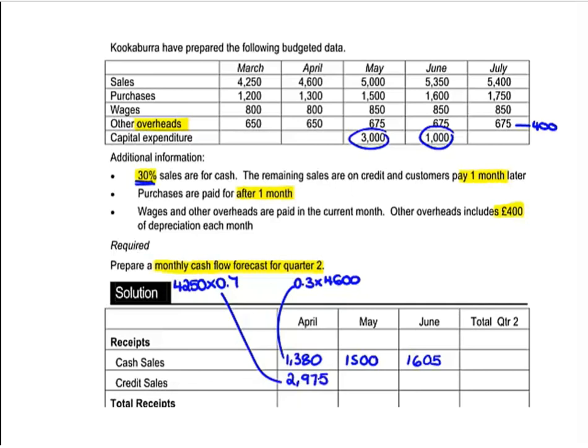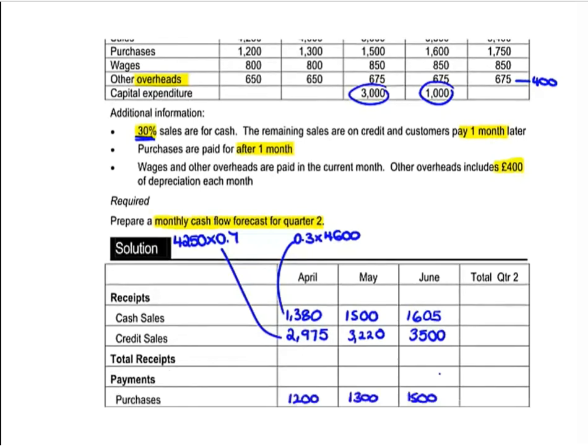In terms then of cash received from credit sales in May, that's going to be 70% of April's, so 70% of 4,600. Finally, then in June, we're going to receive 70% of those sales made in May on credit. So that's going to be 3,500.